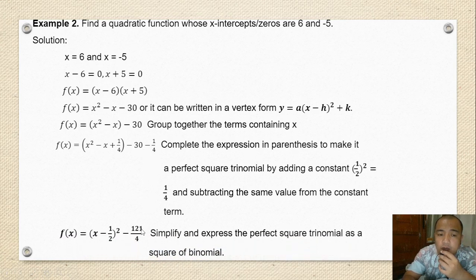Negative 30 minus 1/4 is negative 121/4. And the factored form of this trinomial is x minus 1/2 quantity squared. So from this equation you can easily determine the vertex, h and k. So the vertex is 1/2, negative 121/4.